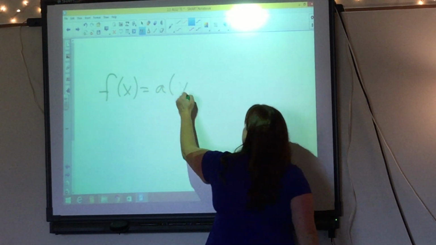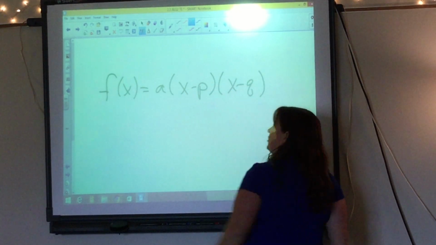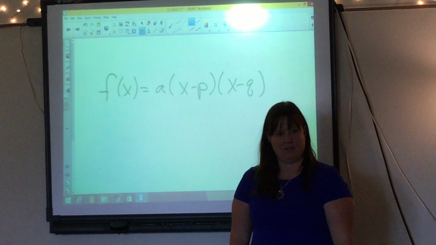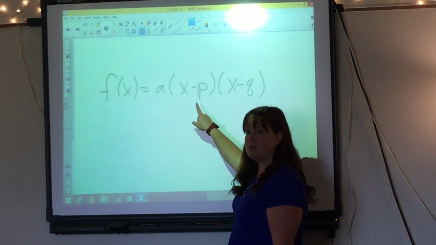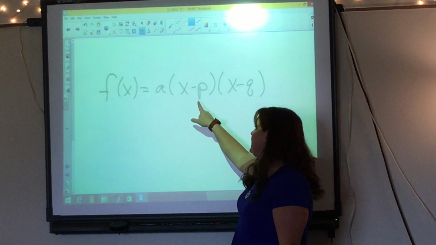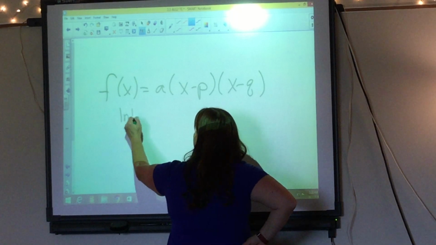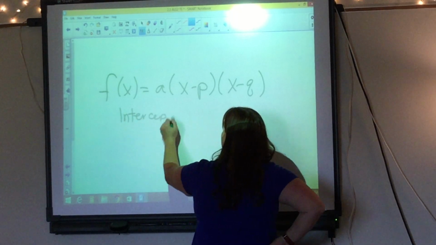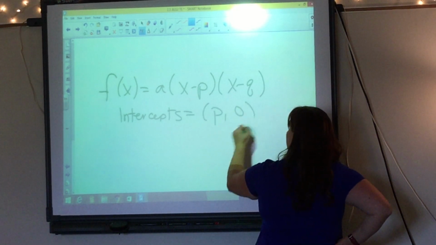Intercept form looks like this, and you could write this on your foldable. Your intercepts are at P and Q. So we could say our intercepts are at P, 0 and Q, 0.